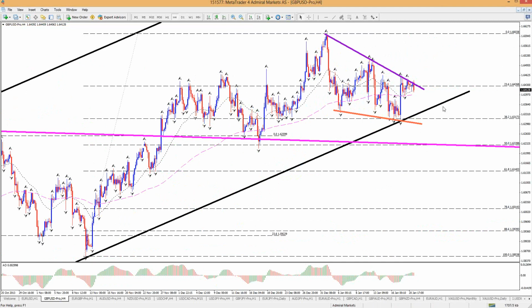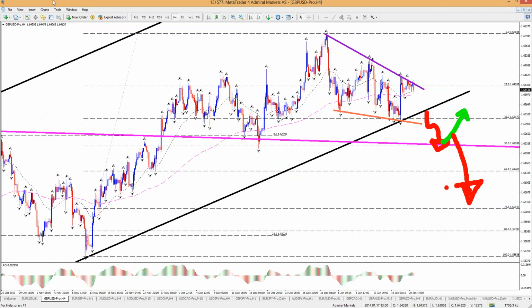So that purple line is important. The bottom of the uptrend channel is important because if we break below that, this might fall back to the weekly trend line and bounce, and maybe even fall further. So that's what I'm keeping an eye on.